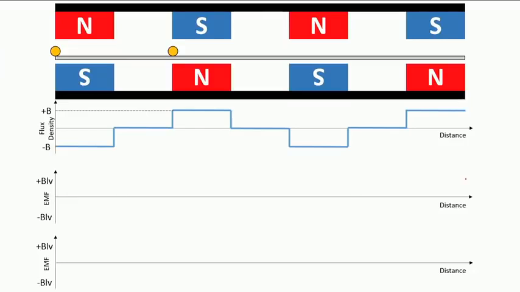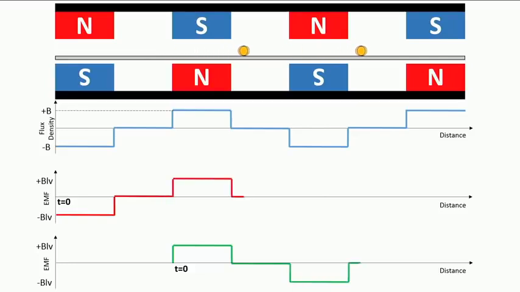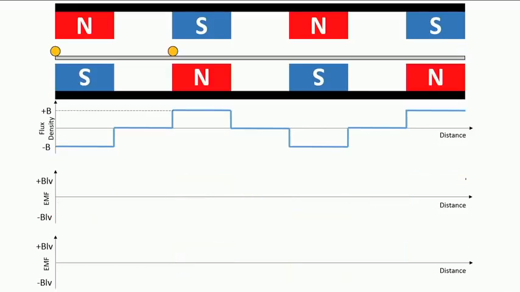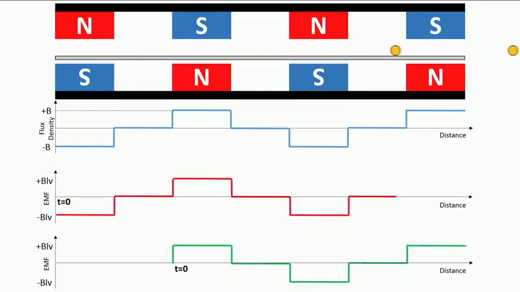If they are stationary, nothing happens, but if you make them move with the same velocity, then the voltage induced in the first conductor is indicated by this red curve, and in the second conductor by the green curve. You see the EMF induced in the second conductor on the right lags the voltage induced in the first conductor.